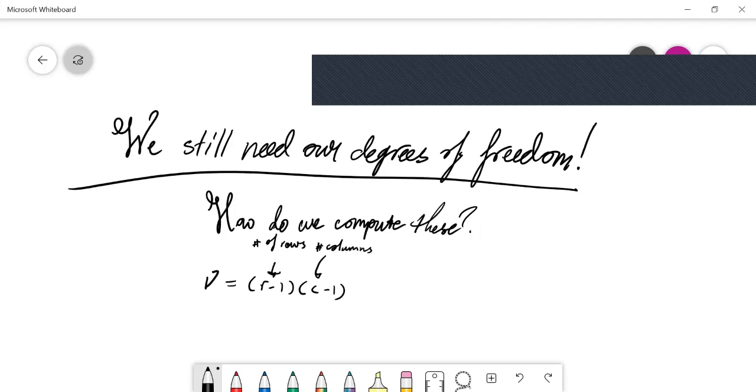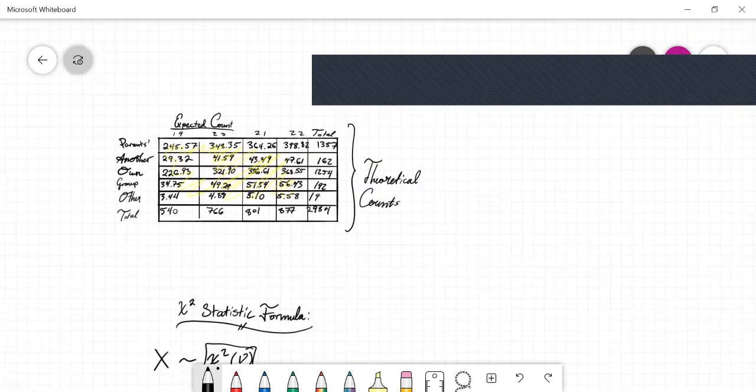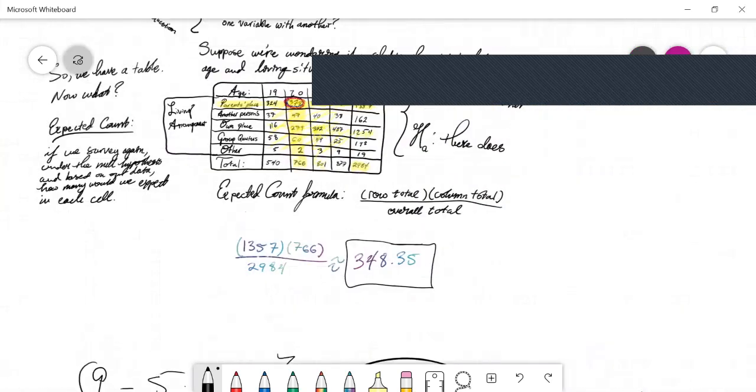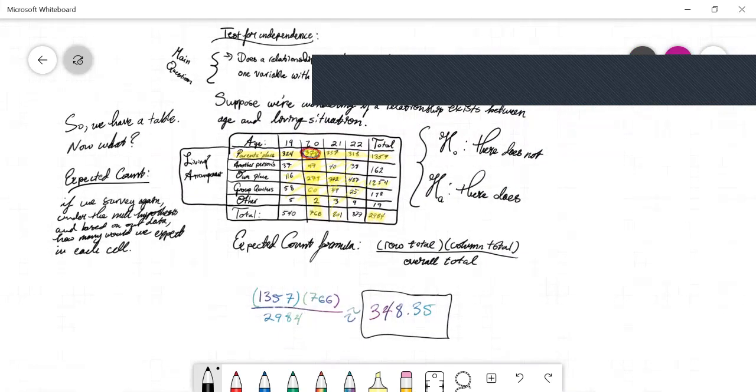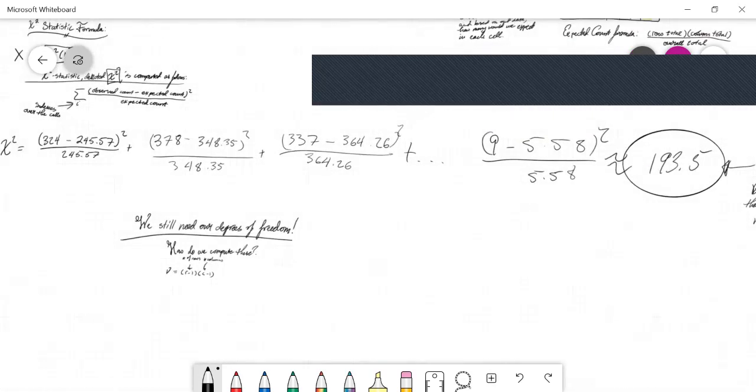The reason is that to get all these expected counts, we needed both the rows and the columns. If I removed just this total, I could look at this total and that total and figure out what that value was. But if I took this total away too, you'd be able to figure out this one, but you wouldn't necessarily know what that total is for sure.